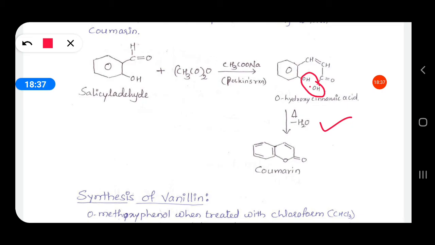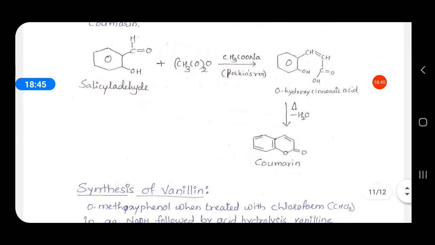So carbon, oxygen, carbon, a new bond is formed in between these two OH groups. From one of the OH groups H and from another OH group, OH, as H2O is removed, a carbon, oxygen, carbon new bond is formed, and this is called coumarin.